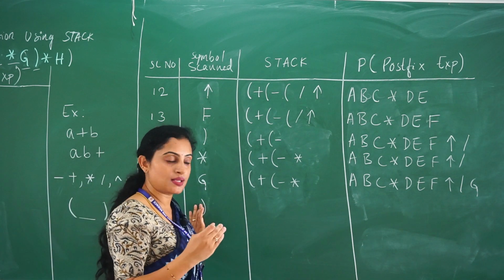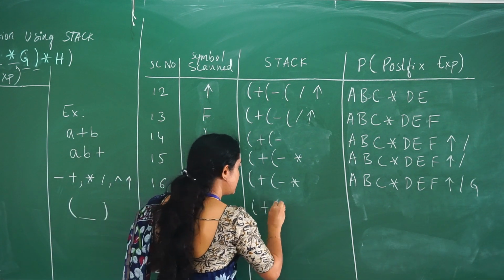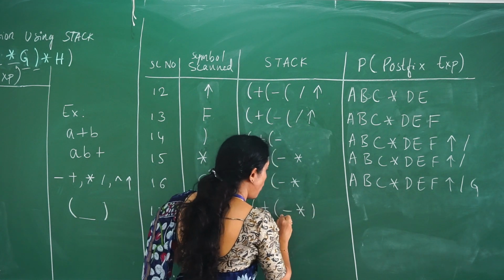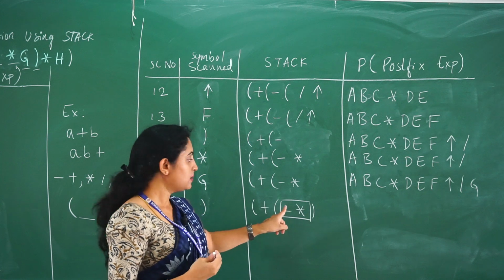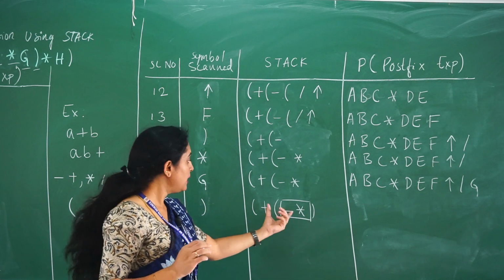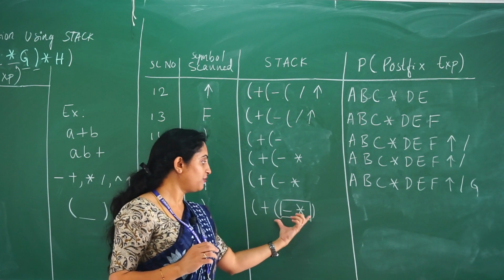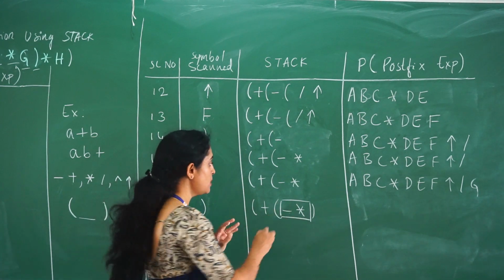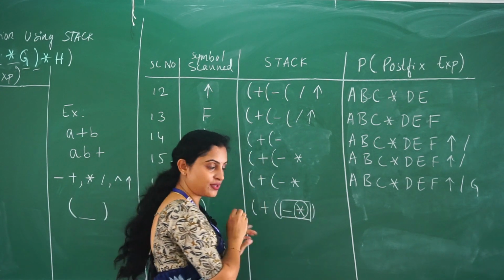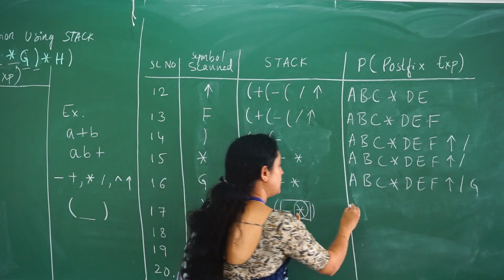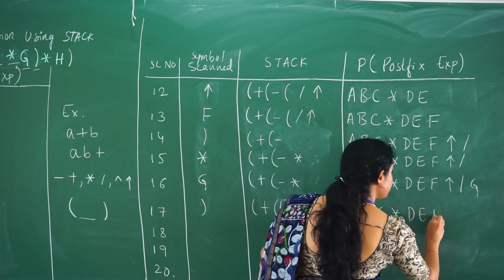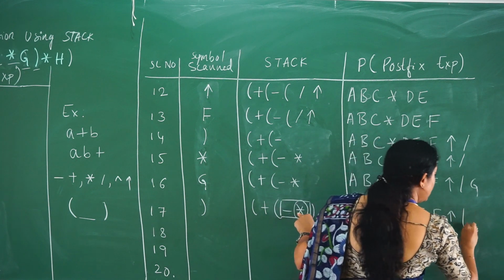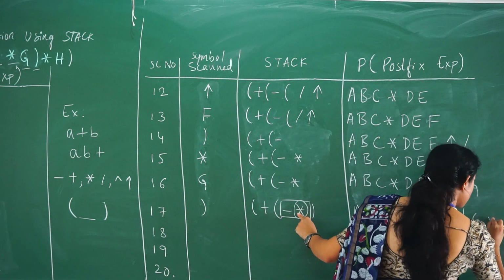The next scanned symbol is a right parenthesis. Whenever a right parenthesis is encountered, we have to check inside the stack and pop all the operators repeatedly until the left parenthesis is encountered. Between the left and right parenthesis, we have two operators. So we pop the top first, asterisk, and place it into the postfix expression.